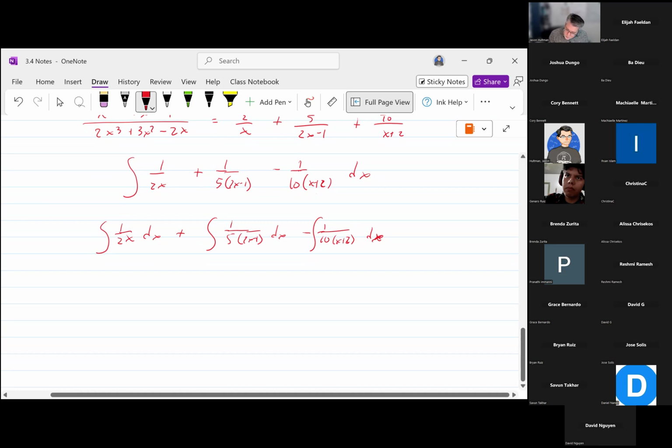Okay, so I can pull the 1/2 out in front. So this becomes 1/2 times the integral of 1 over x dx, plus 1/5 times the integral of 1 over 2x minus 1 dx minus 1/10 times the integral of 1 over x plus 2 dx.